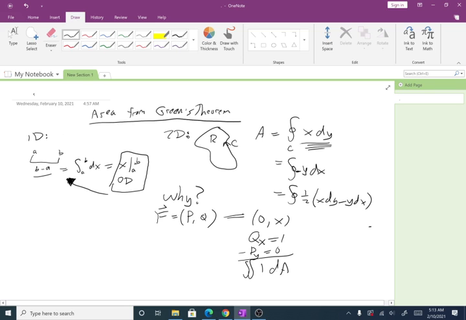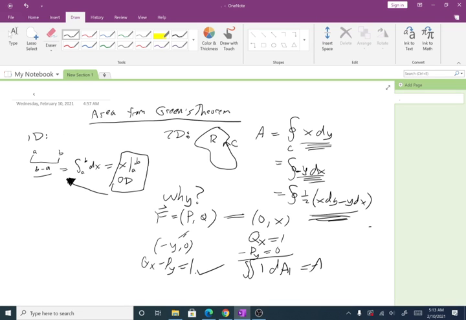So we take that integral with Green's theorem, and we just get the area. On the other hand, in the second case, where P is now minus y and Q is 0, we get Qx minus Py equals 1 again. And of course, the average of something true is also true in this case.